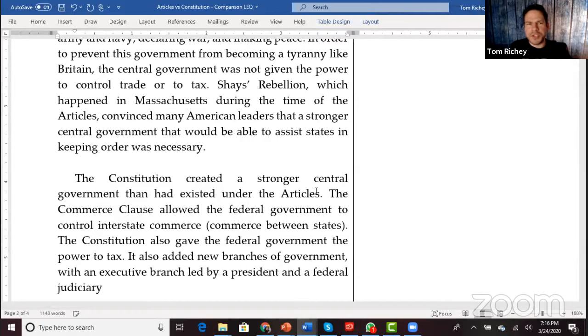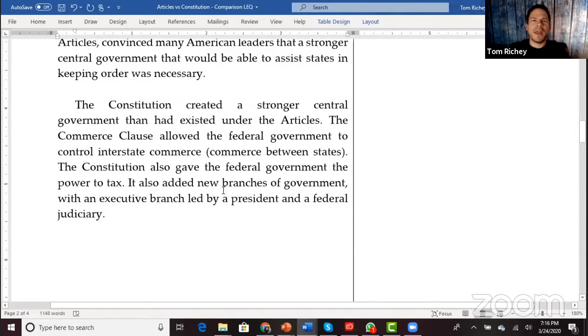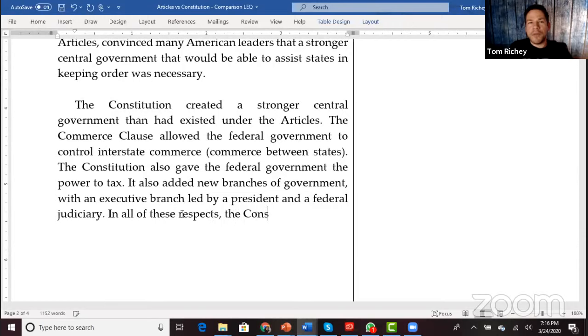So we could say that these are some things, a stronger central government than existed under the Articles. We're noting that is different. And then I may even put a sentence like this: in all of these respects, the Constitution was different from the Articles.